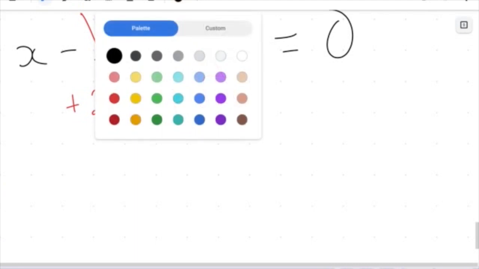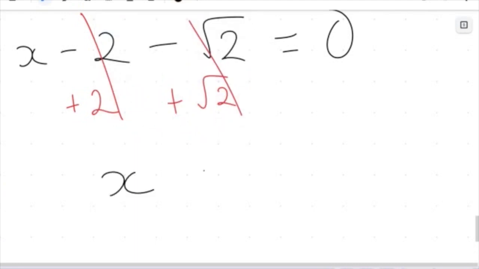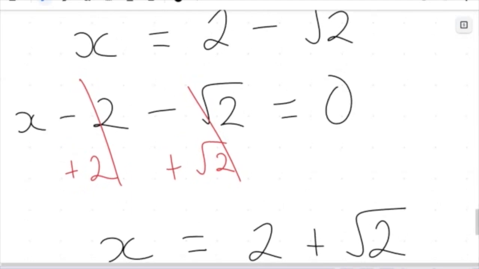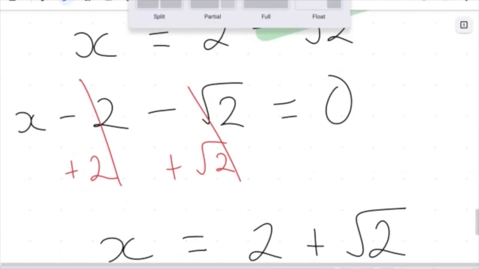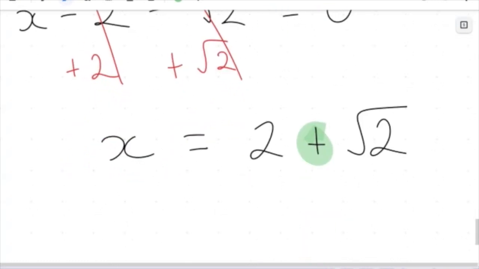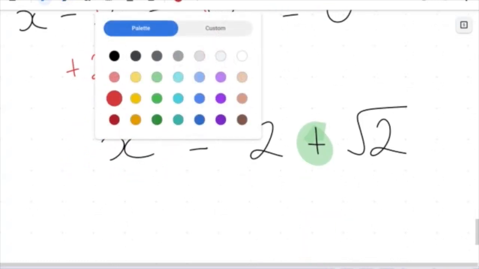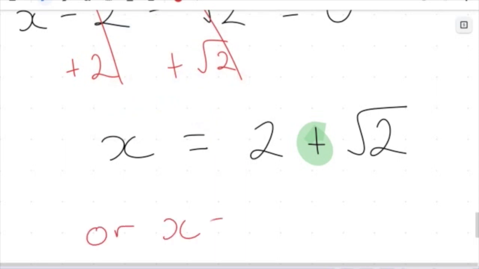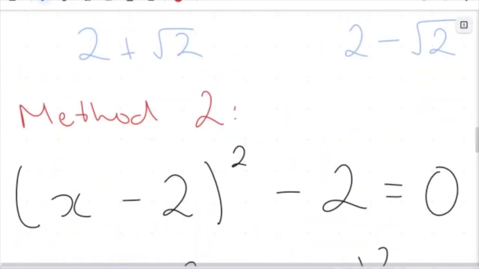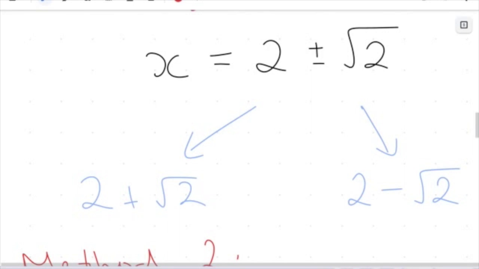That gives me x on its own equals 2 plus root 2. Or in other words, we have the same things, but with a plus or minus root 2. So we can write this as x equals 2 plus or minus root 2, which is exactly what we got for my method 1 up here.